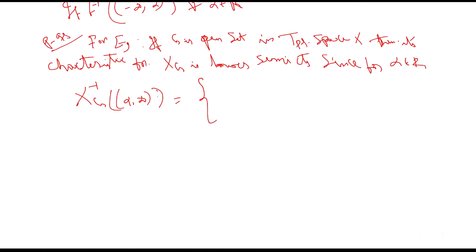Pi if alpha is greater than 1; G if alpha lies between 0 and 1, that is 0 less than alpha less than 1; X if alpha is less than or equal to 0.